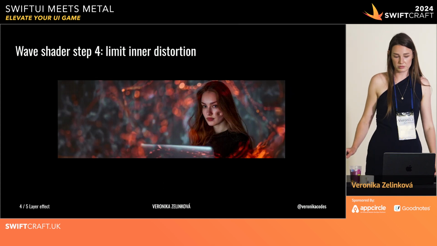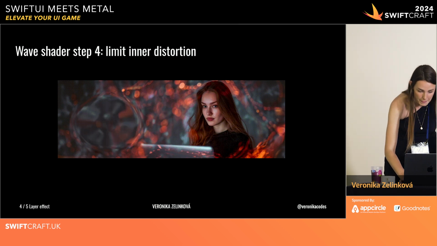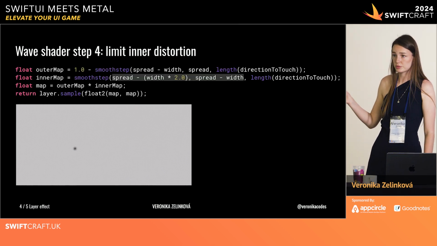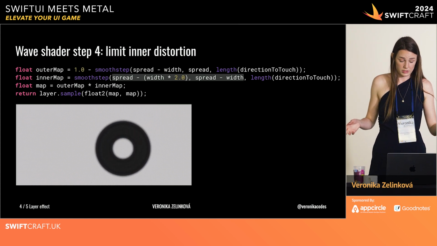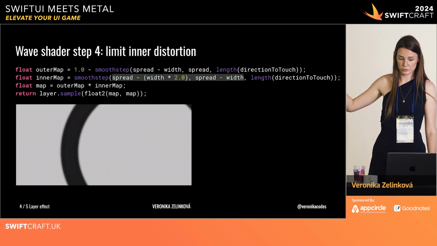And then we also need to limit the inner distortion. And we can do it kind of the same, also using the smooth step function. To limit inside, we have to remove the width 2 times.